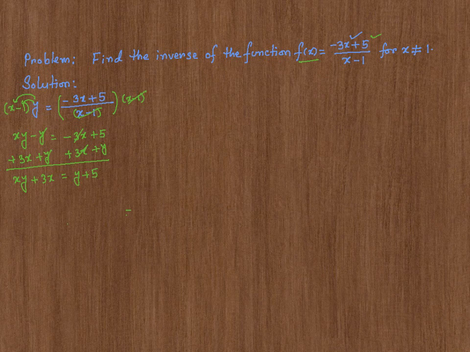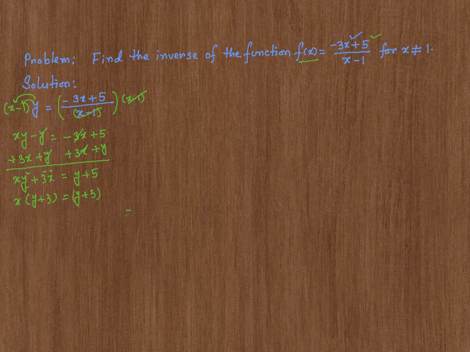Now what I'm going to do is factor out x on the left hand side. If I do that, I get x times y plus 3, because xy plus 3x, if I factor out x from it, I'm going to have y in the first term, and in the second one I'm going to be left with 3. So on the right hand side, I'm going to have y plus 5.